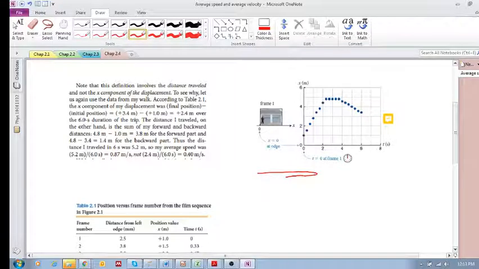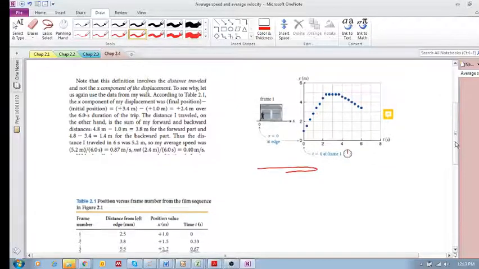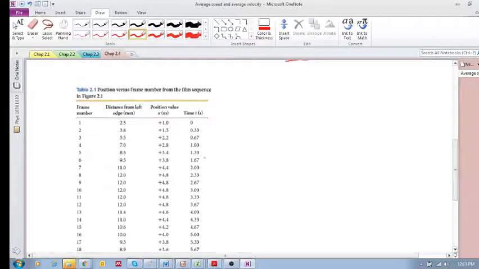Let's try and look at his average speed and average velocity by looking at this data. Here's another way of looking at it. At time 0 he's at 1. If that's my reference frame, x equals 0 there. He starts there, that's 1 meter. He walks forward, and then he stops and he reverses.